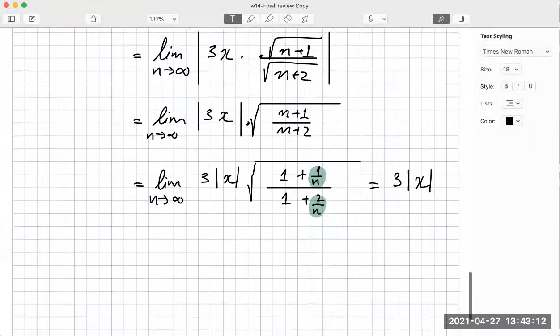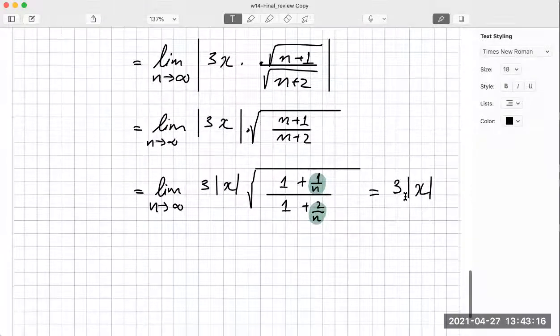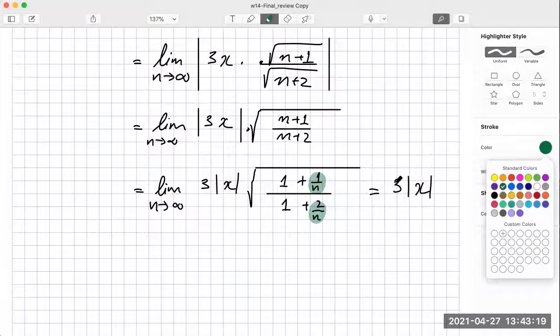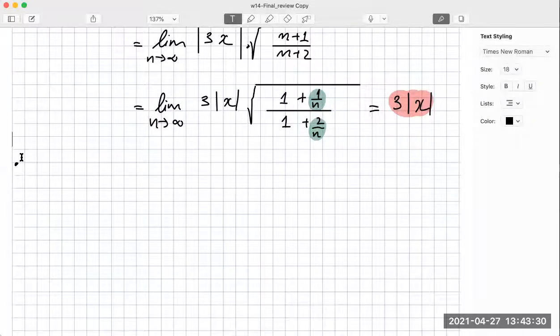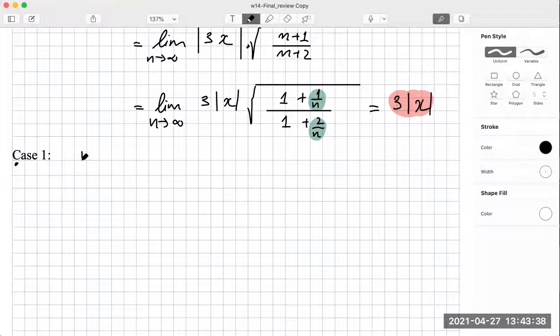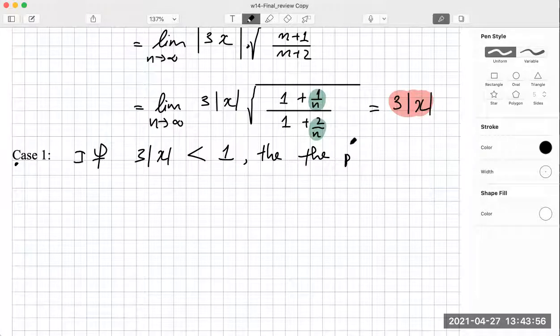Okay. So the ratio test, the theorem says that if the result, which means 3 absolute value of x in this case, if, so we consider case study right here, case 1, if 3 times the absolute value of x is strictly smaller than 1, then the power series, or simply say series in this case, is absolutely convergent, right?